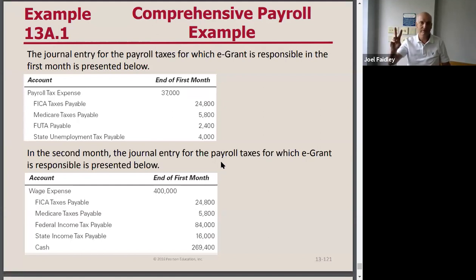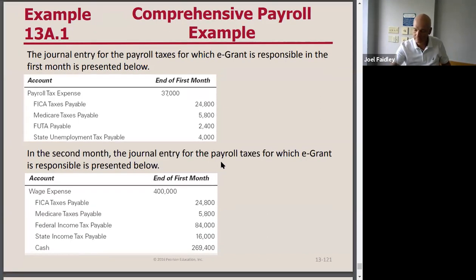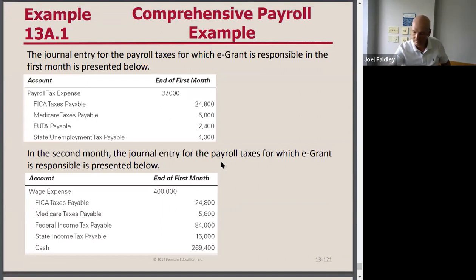So you've got two entries. That's the employee entry. And then up here, you've got what? The employer. My face is in the way. Employer entry, employer JE, journal entry, employee JE.